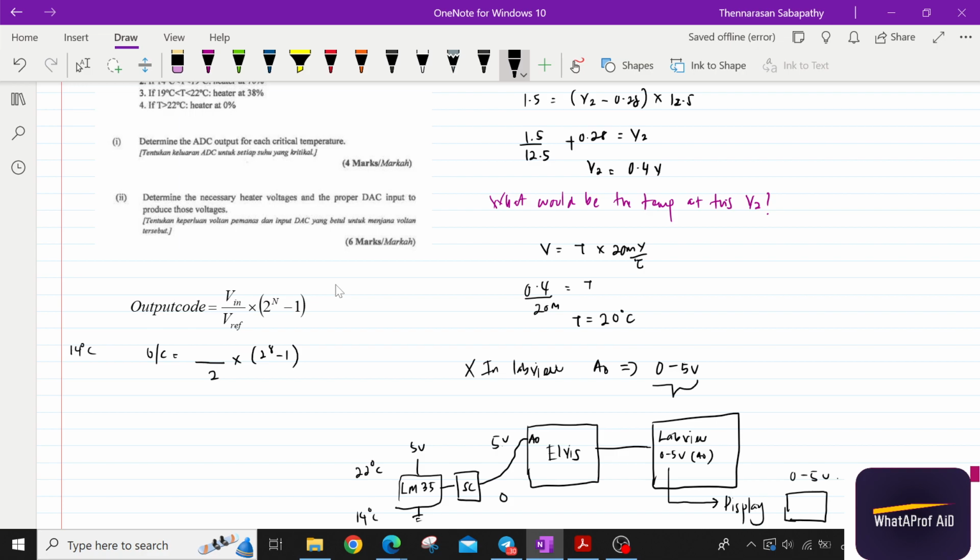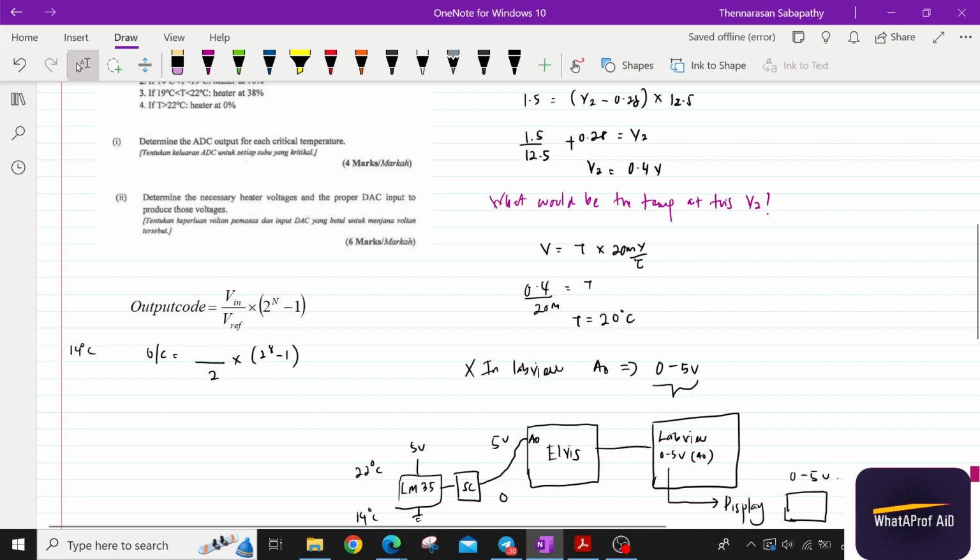It's not 14 times, because we did signal conditioning. Supposedly 14 times 20 millivolt, you would have 0.28, right? Why suddenly are you seeing 0? Is it 0 or 0.28? Anyone else?